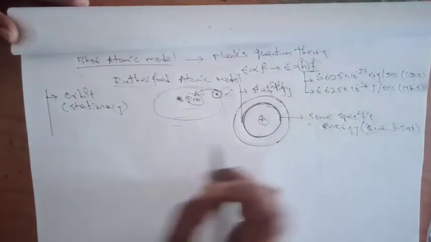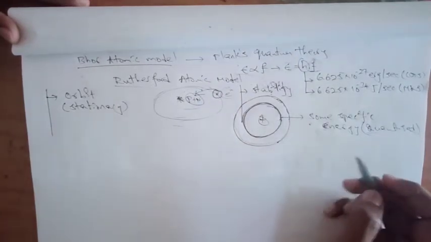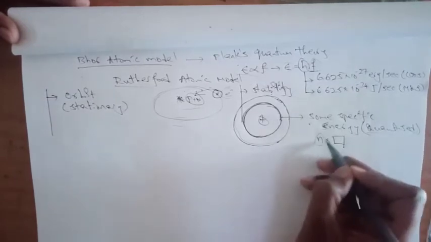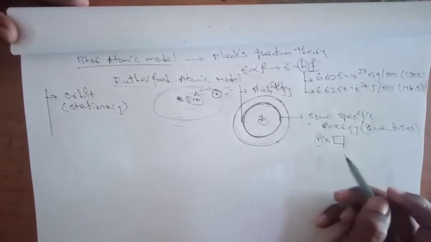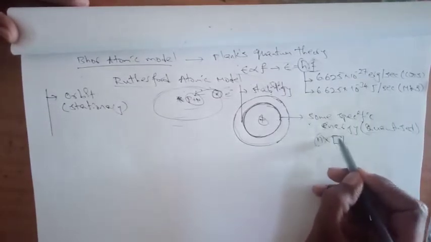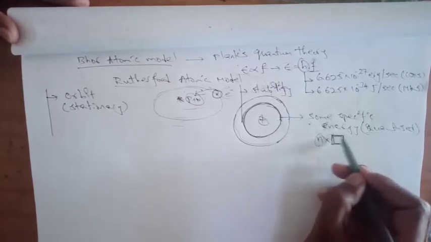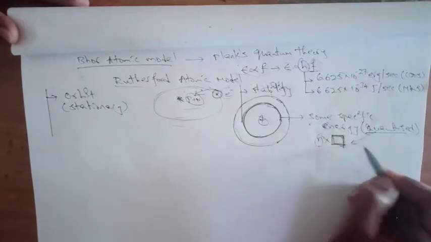Quantized means the energy is an integer multiple of some basic value, n into some basic value, where n may be 1, 2, 3, 4, any integer, but it has only some fixed amount of energy. This is the concept of quantization.